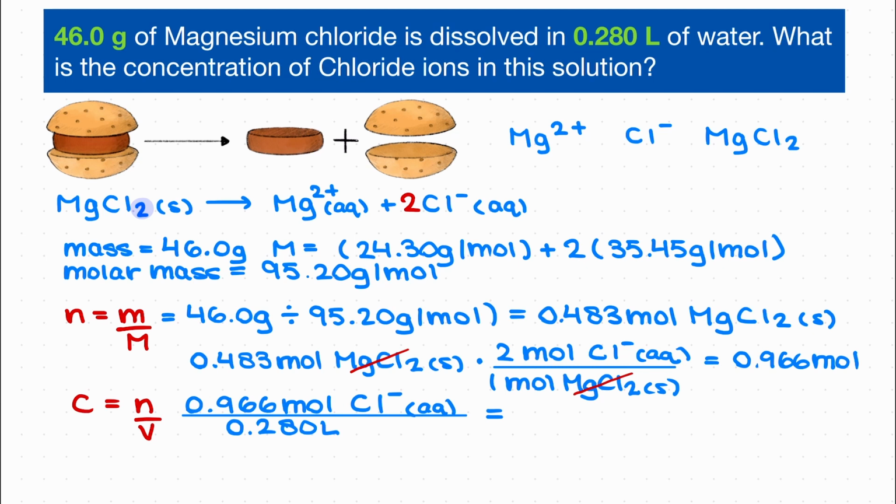If we type that into our calculator, we will get our concentration of approximately 3.45 moles per liter for our chlorine negative ions in solution. So there you have it. That is how you solve for ion concentration in solutions, starting with either mass or starting with concentration of the solution and then looking for the ions themselves.